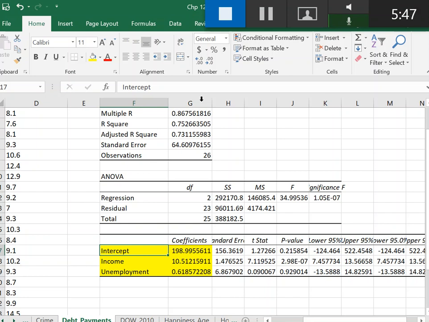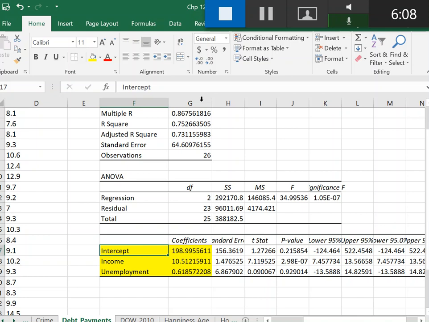When we look at unemployment, we see that it's roughly 0.62. So we could say if income is held constant, a 1% increase in unemployment would cause a 62-cent increase in debt payments.